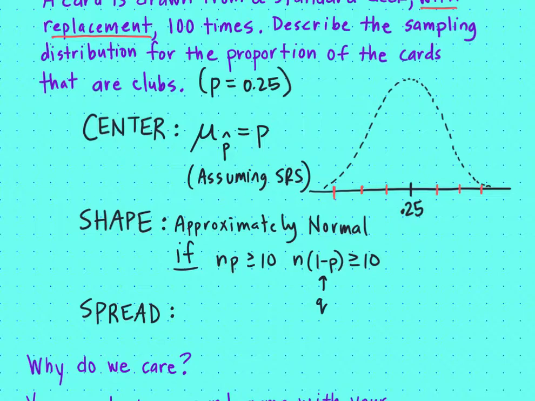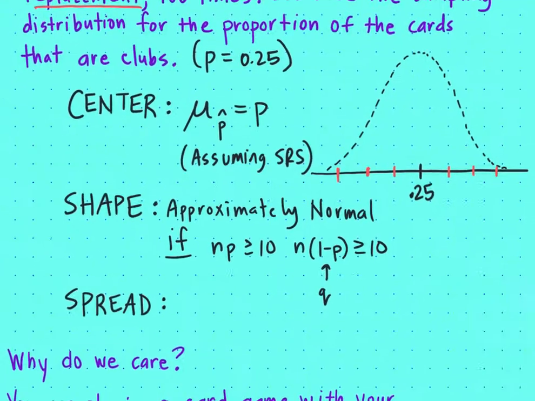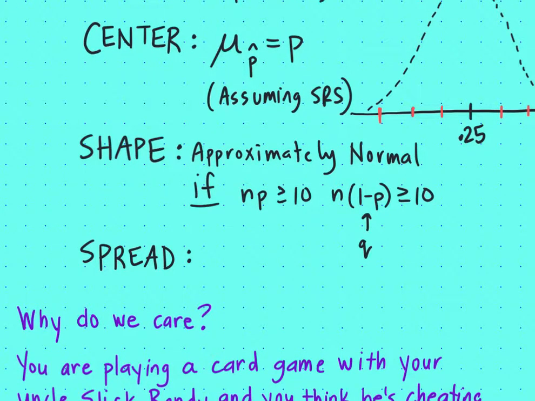I'm not going to derive it, but the spread of this normal curve, the standard deviation, sigma p hat, meaning the standard deviation of all the individual p hat values, all of our different sample proportions, is equal to the square root of p times 1 minus p over n, or the square root of pq over n for those of you that like q like me.